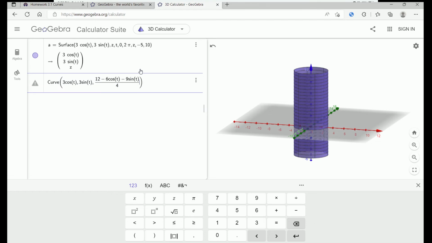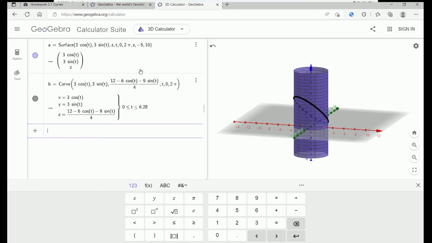That was the equation of the plane. And then we only have one parameter for a curve, and that parameter went from 0 to 2 pi. Okay, there we go. So sorry about that.